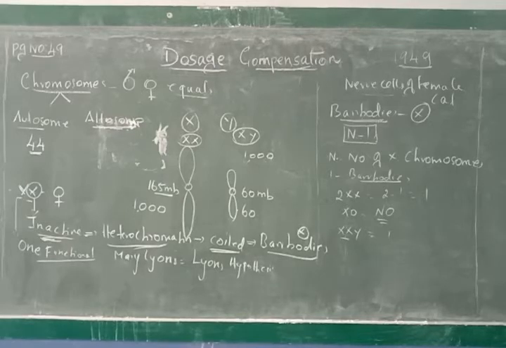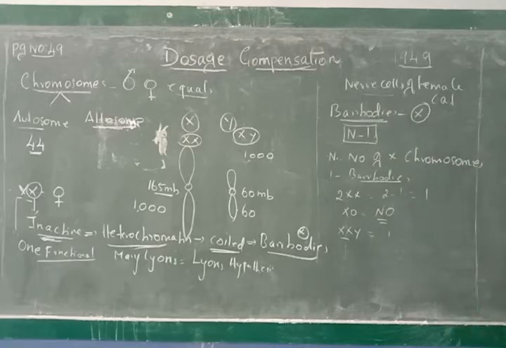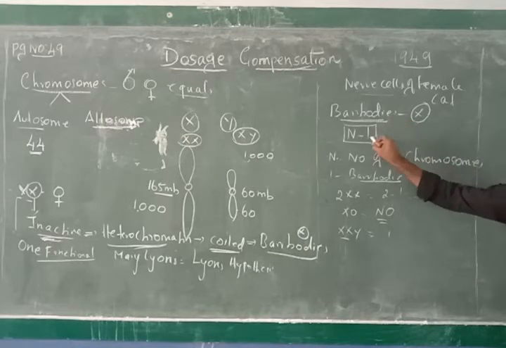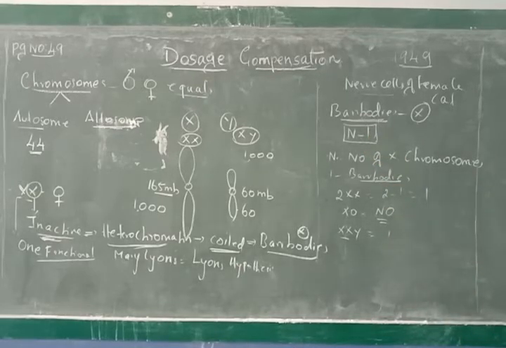So that means the number of Barr bodies is 1 less than the number of X chromosomes. This much clear? Right. So that is how we talked about dosage compensation.